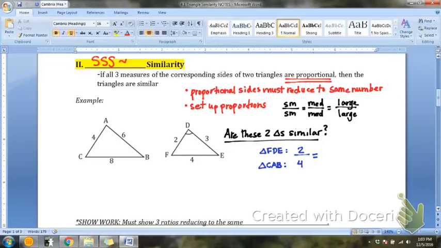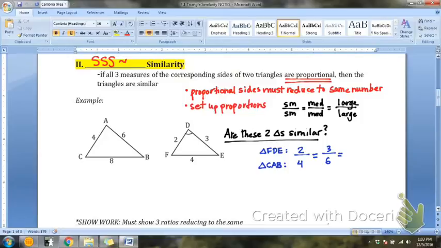So the medium side in triangle FDE, Patrick, is what? In triangle FDE, which side is the medium measurement? 2, 3, or 4? 3. So you can just write 3. How long is the medium side in triangle CAB, Brianna? 6.